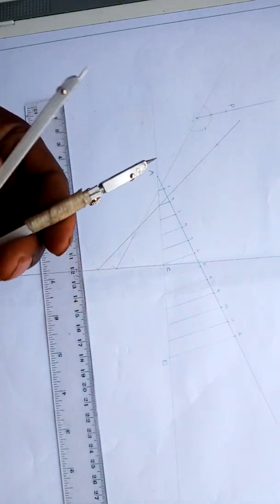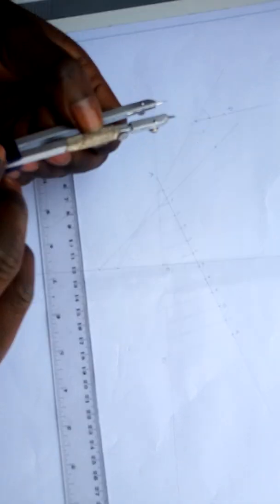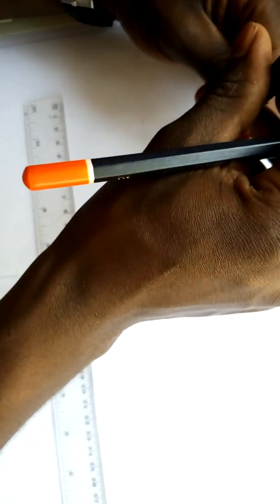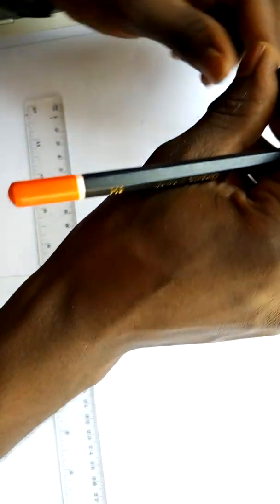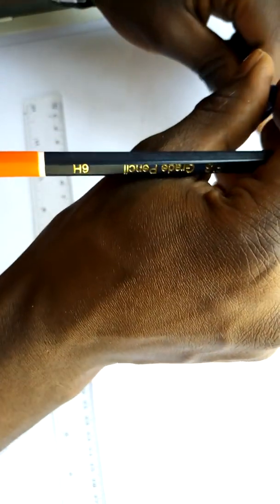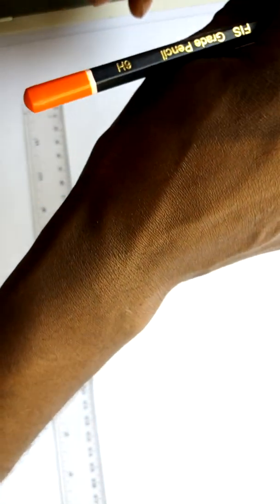Then from that point, I'll again construct an angle of 120. Constructing an angle of 120 is very simple. Just do that.